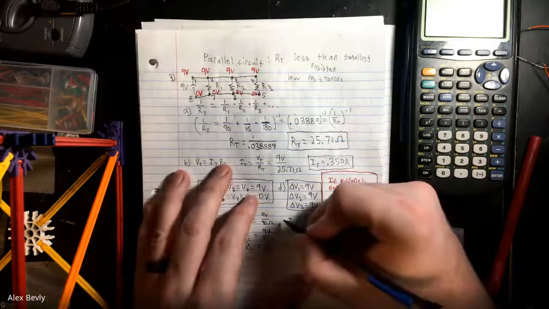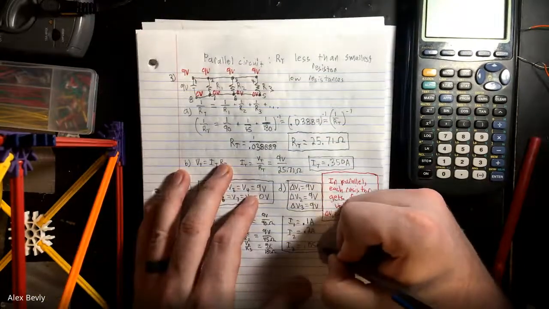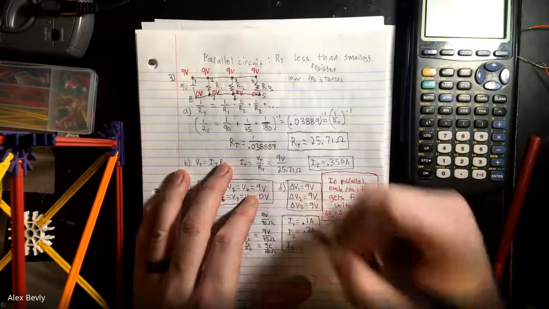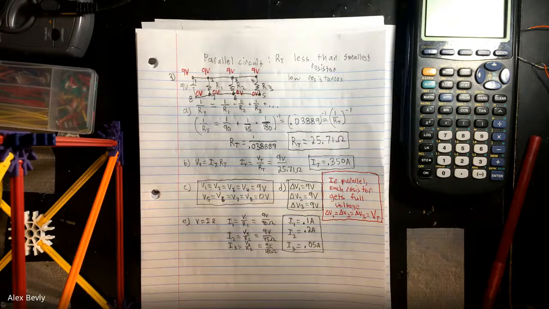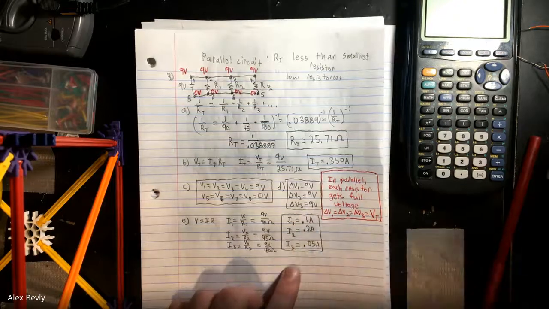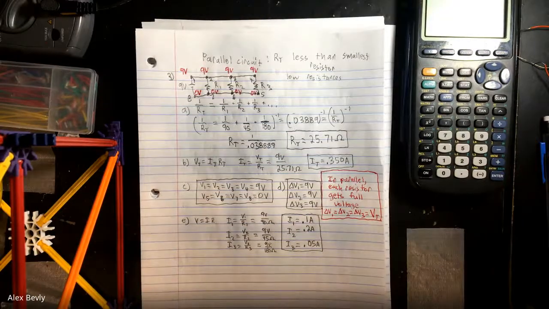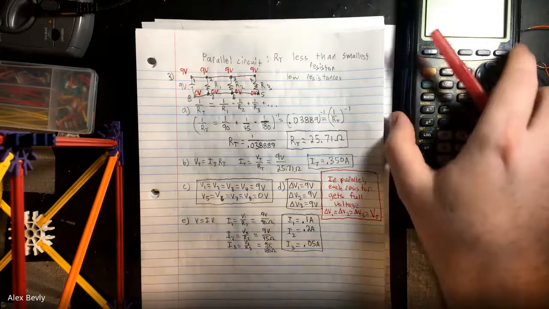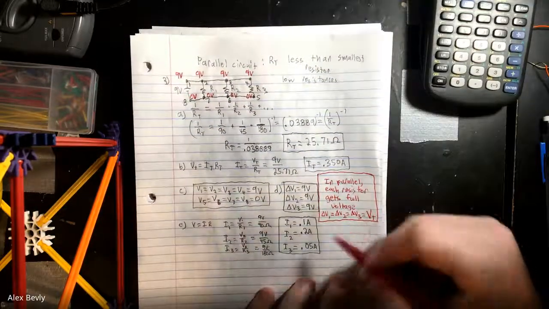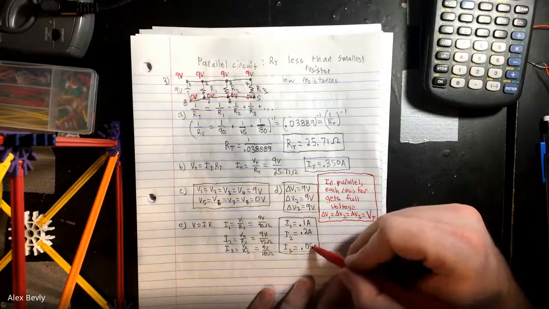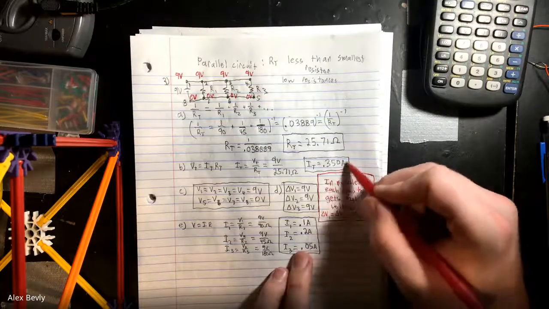Now, in series, all the resistors got the full current. But in parallel, they're each getting a little bit different current. But what do these add up to? 0.1 plus 0.2 plus 0.05 equals 0.35.